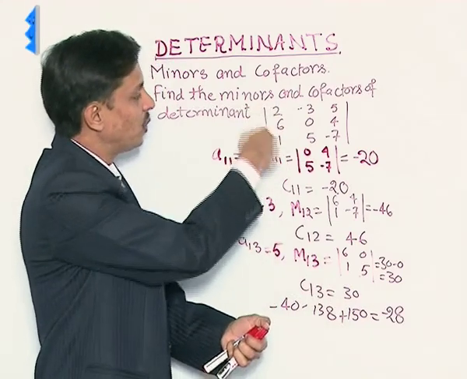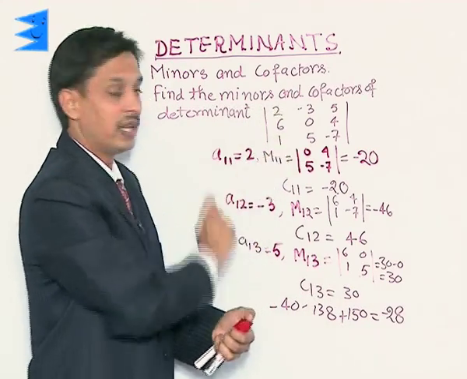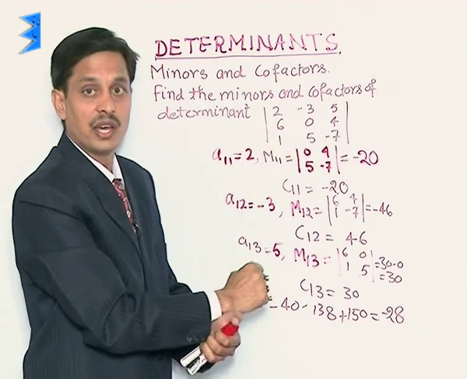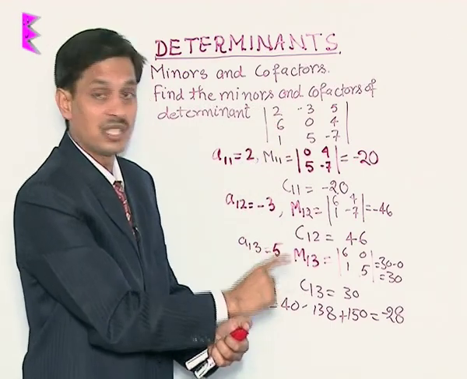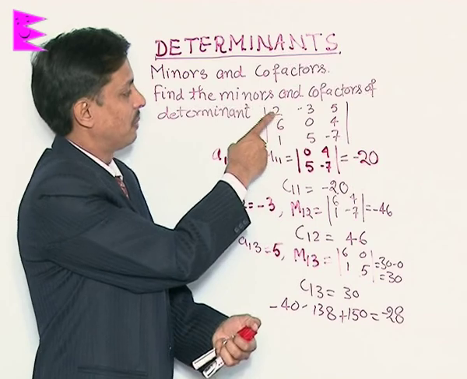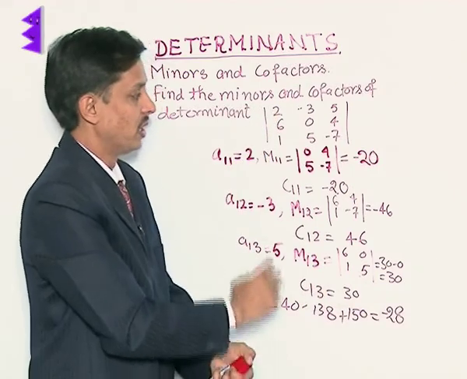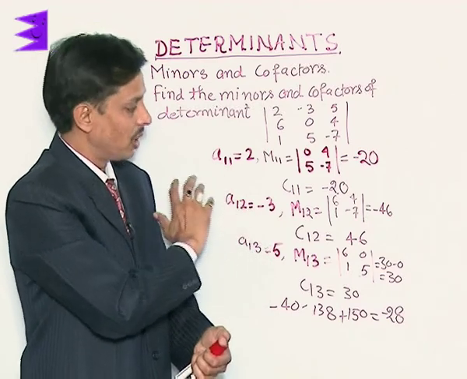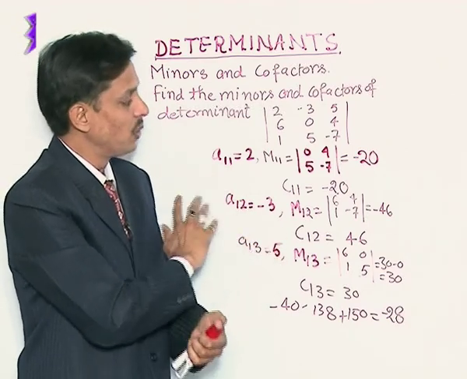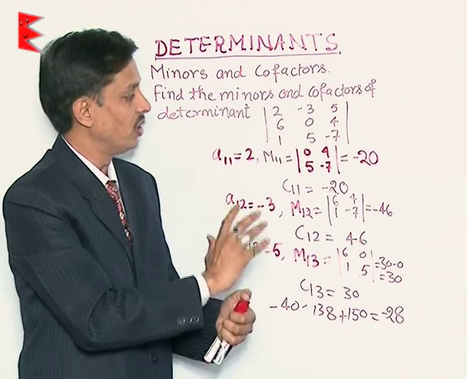Similarly, even if you go for the column 2 6 8 and obtain their cofactors, when those corresponding cofactors are multiplied with these elements and you sum up, you will get minus 28.